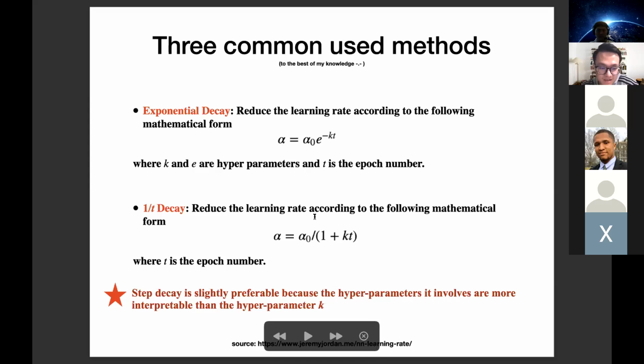Here t represents the epoch number. So t is increasing and your alpha will be decreasing, so your learning rate will be decreasing. These are some ways that you can use in your practice.